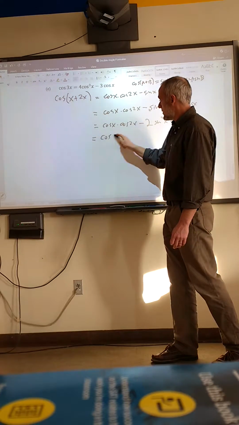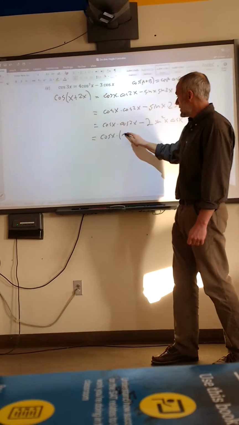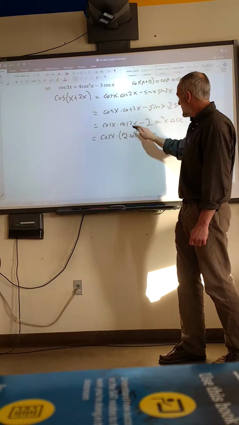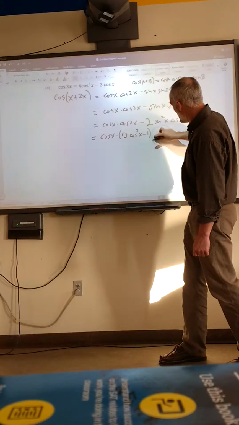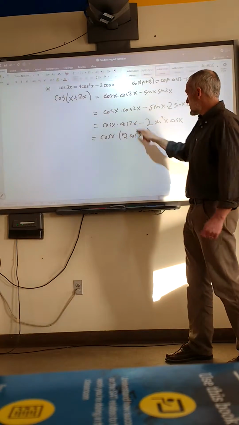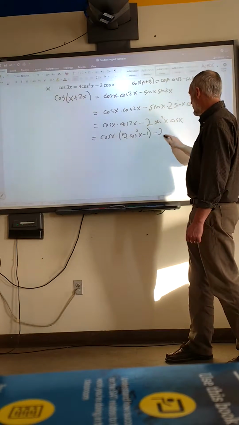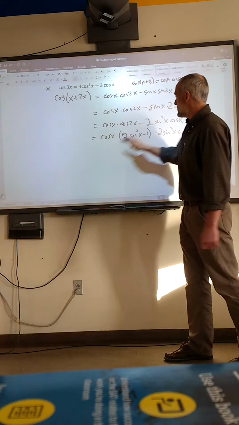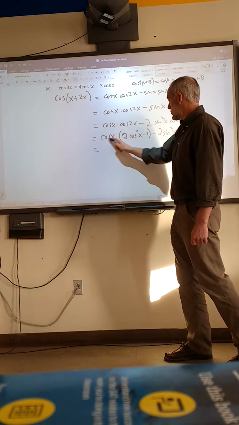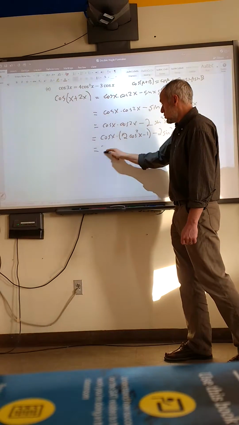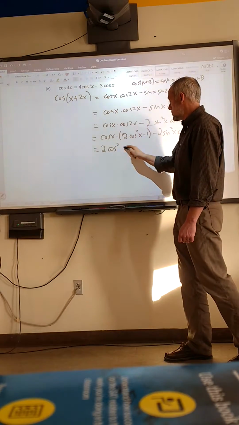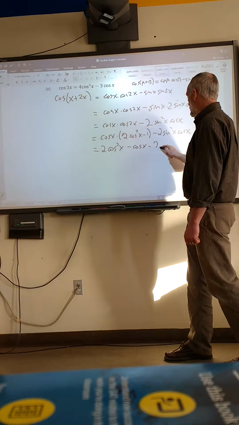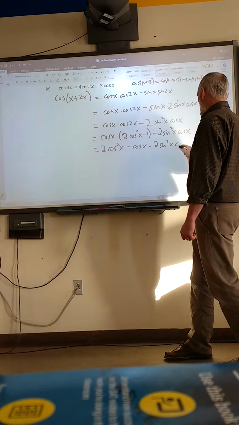I'll let you look that up on your own, but it is 2 cosine squared x minus 1, which is the same as the cosine 2x. That's one of our versions of the cosine double angle formula. And now I get to distribute that cosine through. Cosine x times a cosine squared is a cosine cubed. So that's 2 cosine cubed x minus cosine x minus 2 sine squared x cosine x.